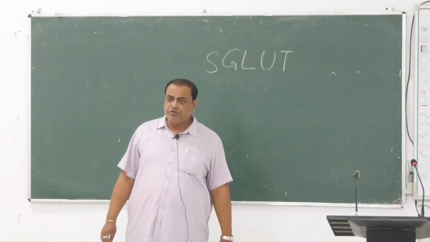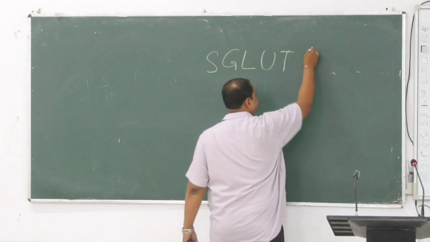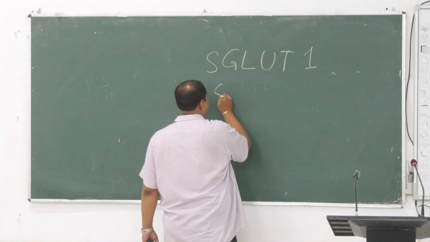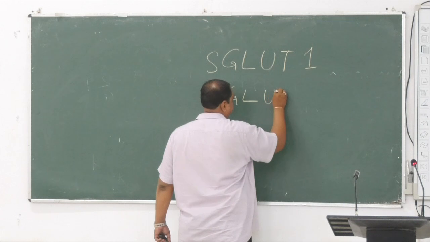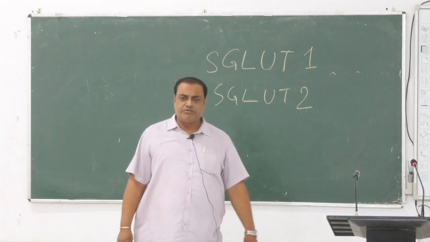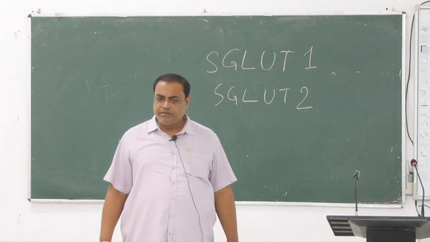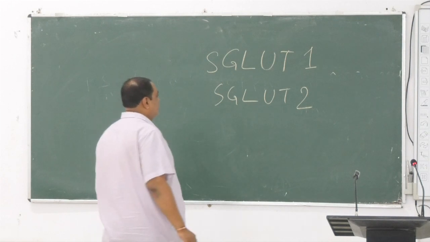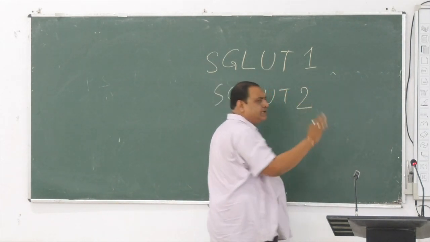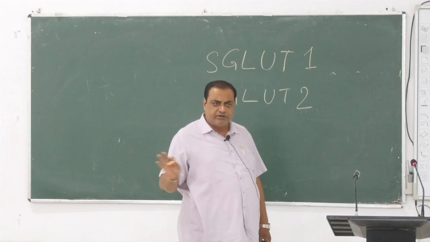S stands for sodium. Sodium dependent glucose transporter, 1, 2. There are two isoforms in S star. These are all insulin insensitive, but differ in insulin production, surfacing, and function.